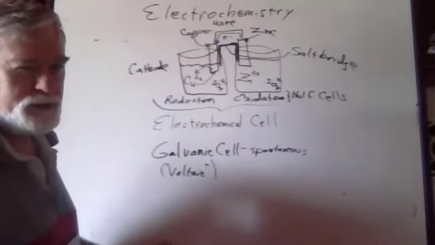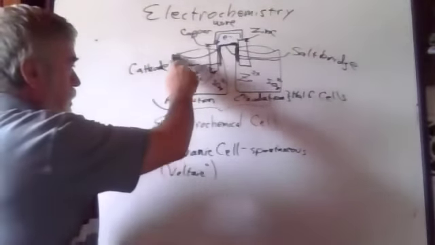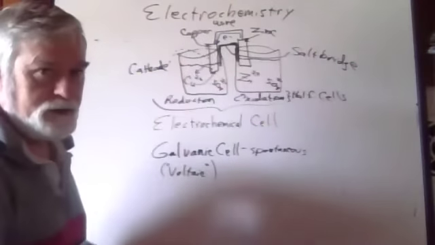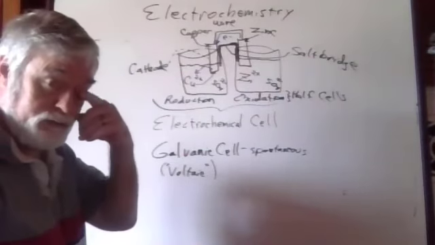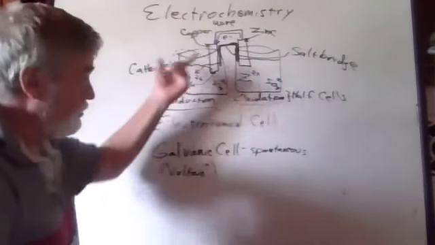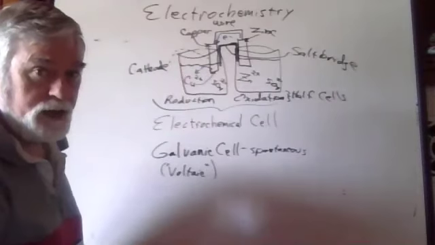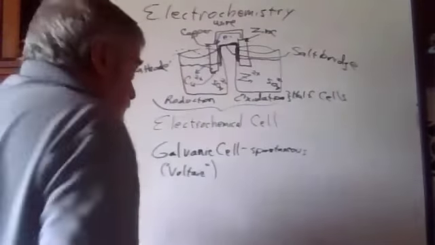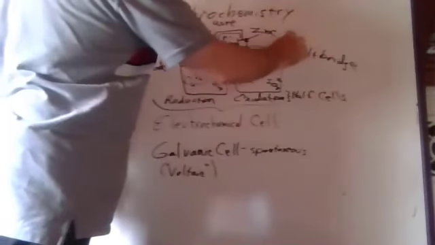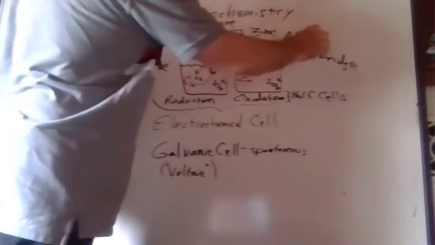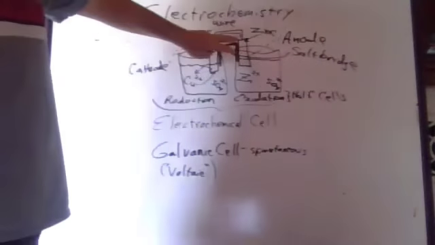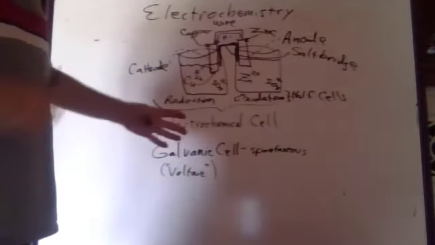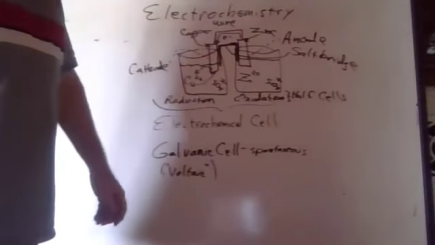Sometimes you just refer to the connection itself as being the cathode, because that's also involved in the reduction, but you could also refer to the whole thing as being a cathode. And then the other side where oxidation takes place, over here you'd have the anode. So you could say the zinc strip is the anode of the cell and the copper strip is the cathode of the cell.